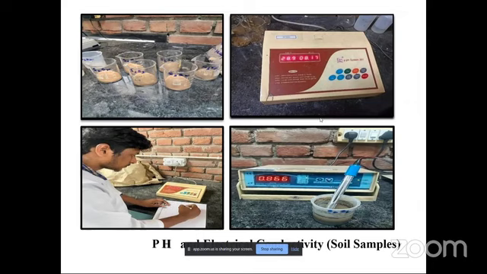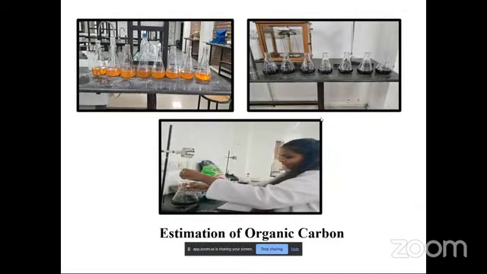Then it shows the readings. These are the procedures. There are standard solutions and working solutions. Working solutions are the soil extract, and the standard solutions are other substances like charcoal for organic carbon content.